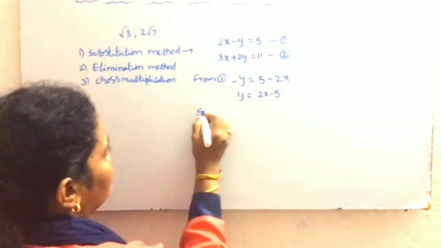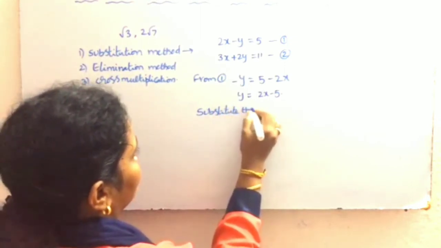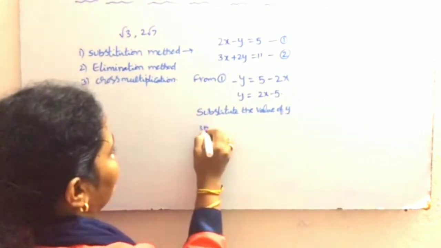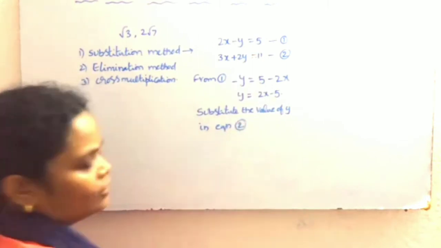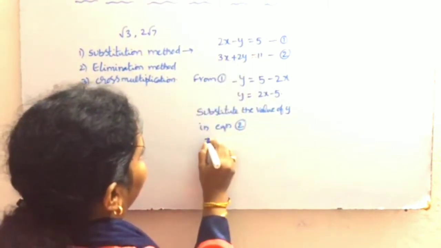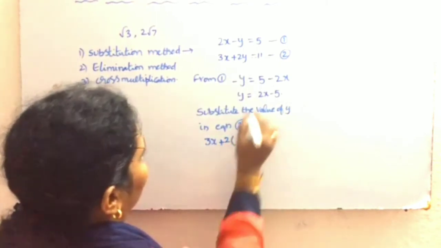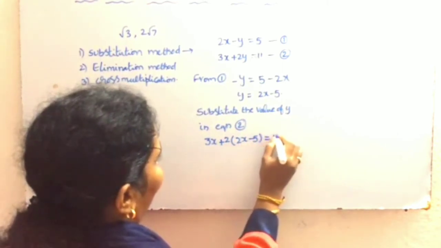Now substitute the value of y in equation 2. Then we will get 3x plus 2 into (2x minus 5) equal to 11.